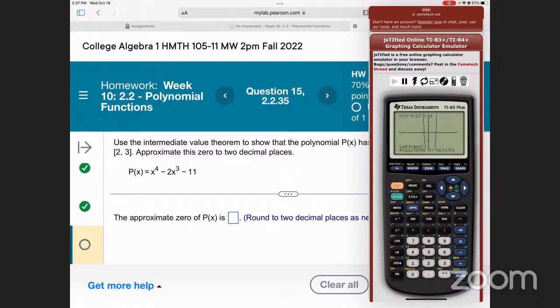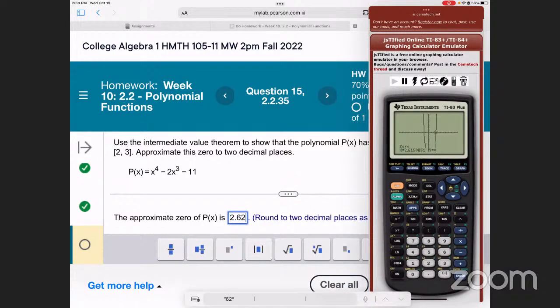So if I want a left bound, now this is on an 83 plus. I'm gonna show you another technique if you don't have this kind of device. So first I'm gonna do a left bound, I'm gonna hit enter. I'm gonna go right of my 0. I'm gonna hit enter. And then I wanna get as close to the 0 as I can and hit enter. So this gives me that the 0 is 615, but that 5 tells me to round up, so 2.62.